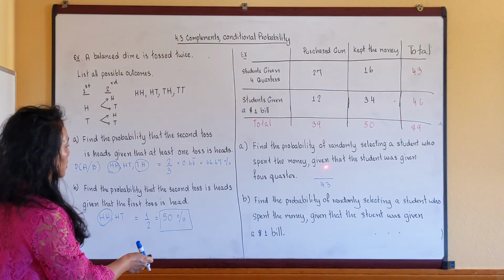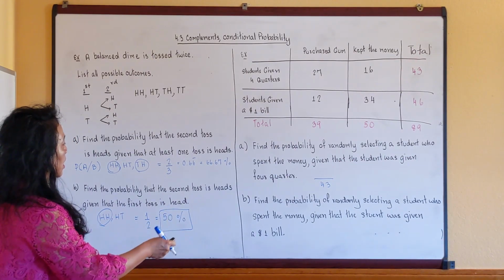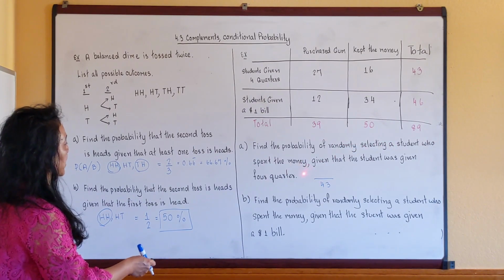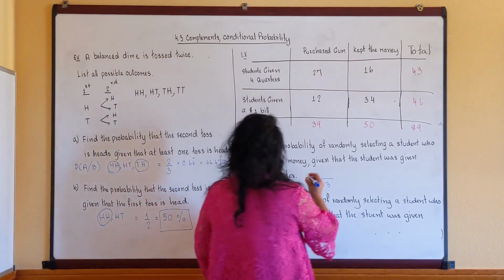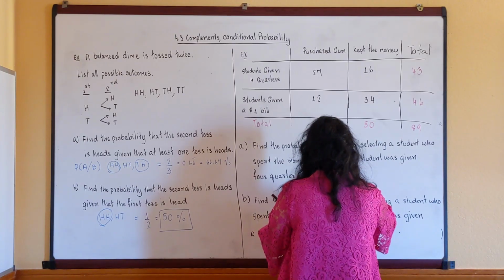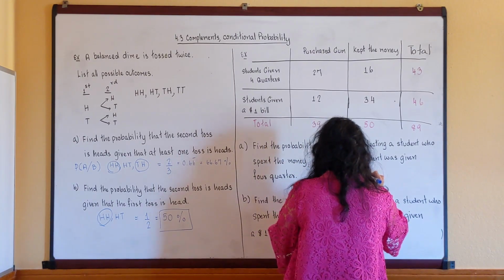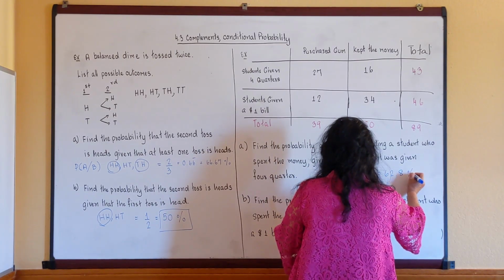Given the student were given 4 quarters, find the probability of randomly selecting a student who spends the money. So 27 of them spend, 27. So that turns out to be 0.628 or 62.8%.